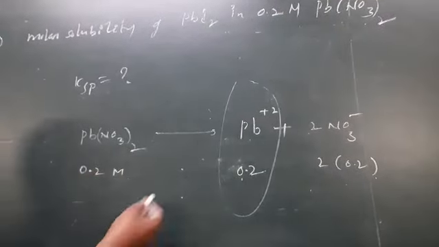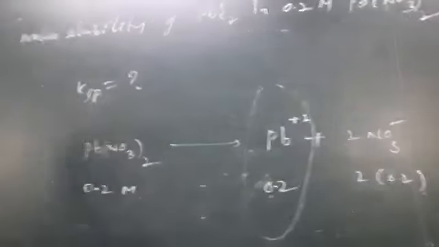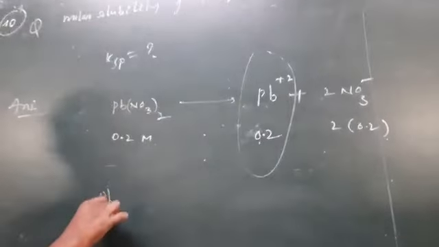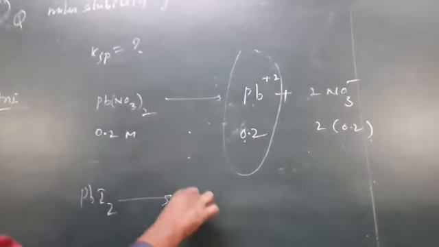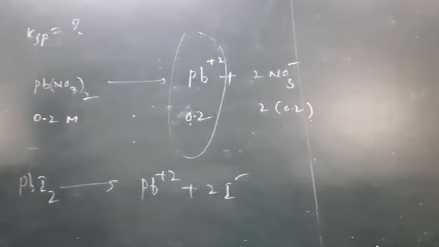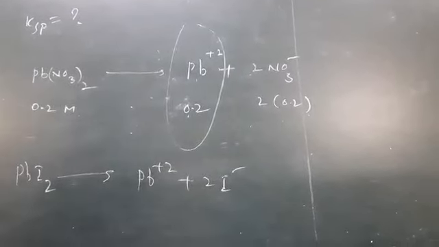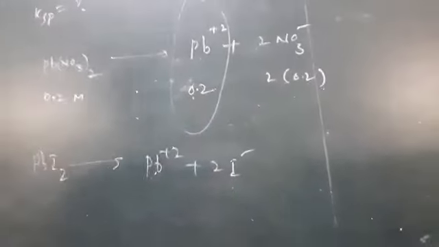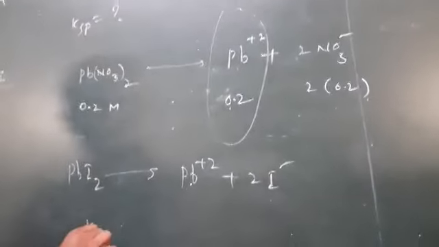To this, if you add lead iodide, Pb iodide, if it splits, gives Pb plus 2 and 2 moles of I minus. Already the lead plus 2 concentration is 0.2. We have to find how much it can be soluble, using Ksp.